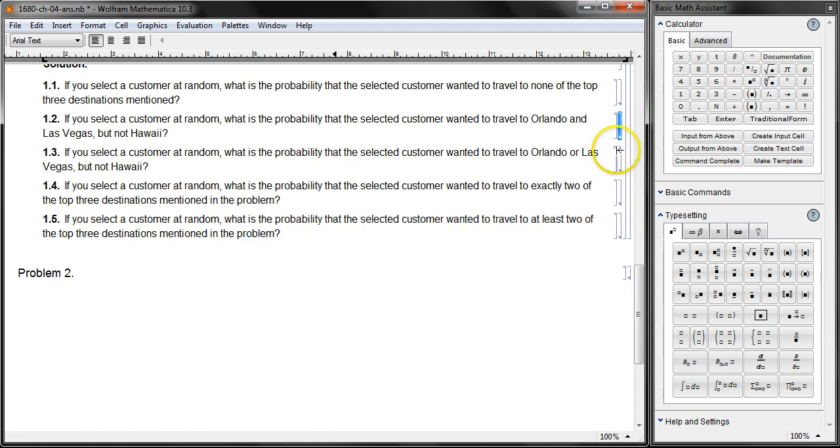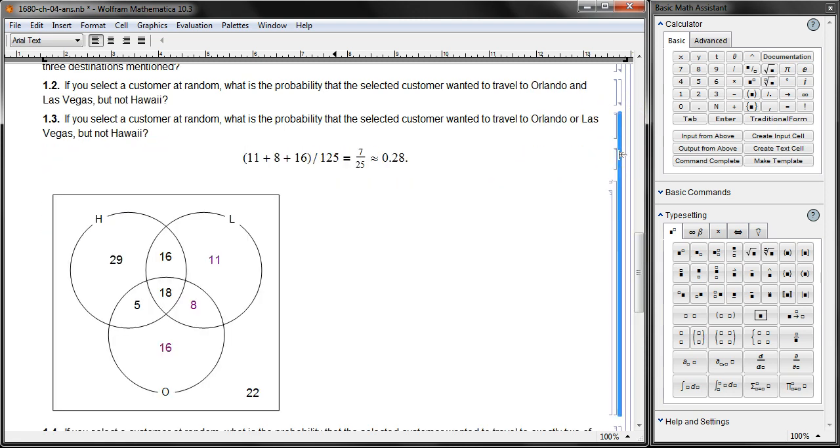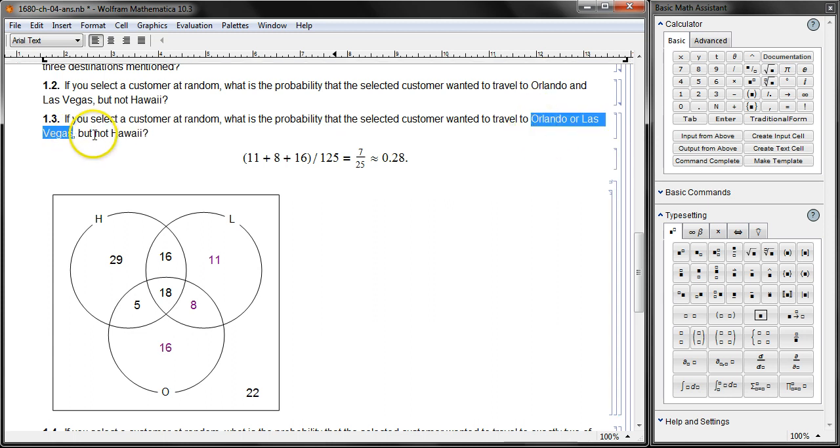What's the next one? Orlando or Las Vegas. So inside Orlando or inside Las Vegas, everything put together. So 16, 11, 18, 8, 5, 16, all those numbers inside the snowman or figure 8 correspond to Orlando or Las Vegas. But then again, but not Hawaii, so we have to go outside of the Hawaii circle. So this 16, 18, 5, those are wrong.